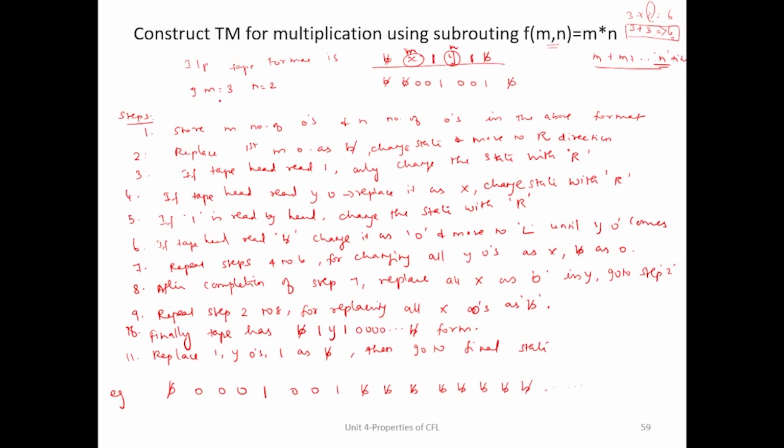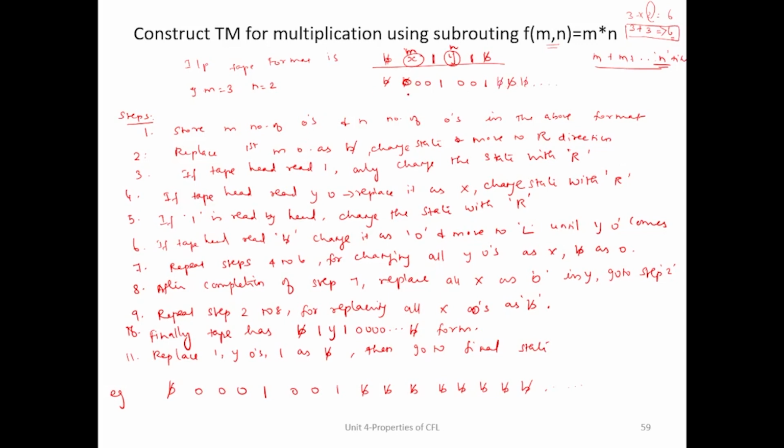For example, I am taking the m value as 3 and the n value as 2. So the tape format is a blank space, m zeros followed by 1, then n zeros followed by 1. After that many blank spaces will be available.